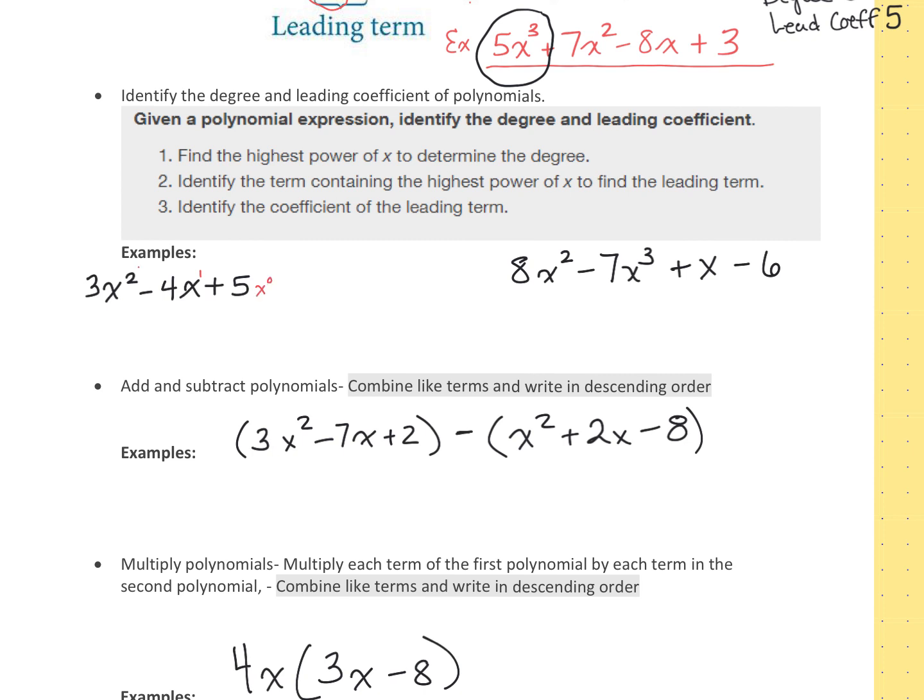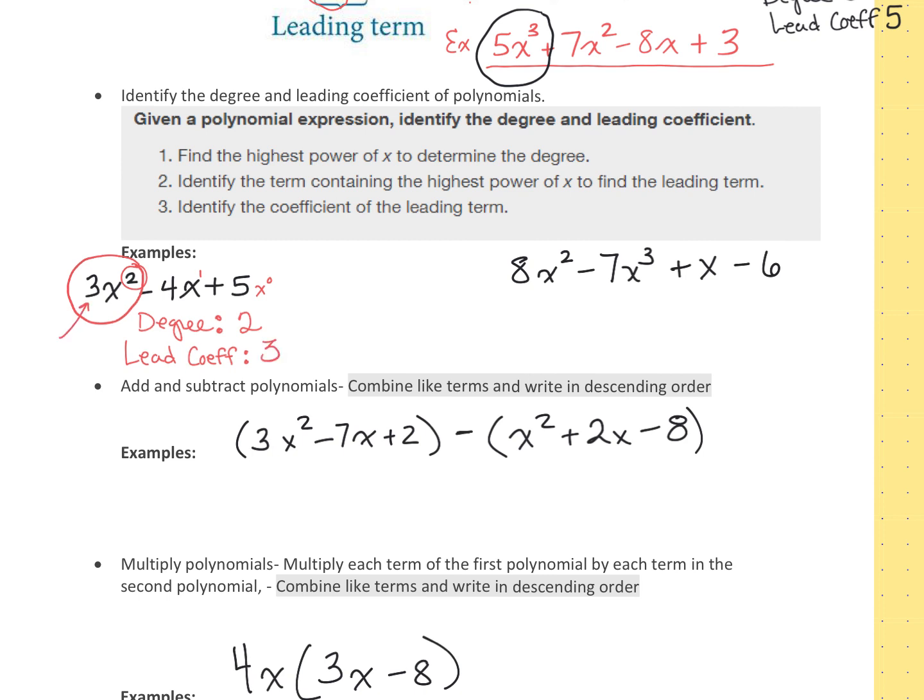It's in descending order, so this is our leading term. The degree here is going to be 2, and the lead coefficient, the number in front, is going to be 3.